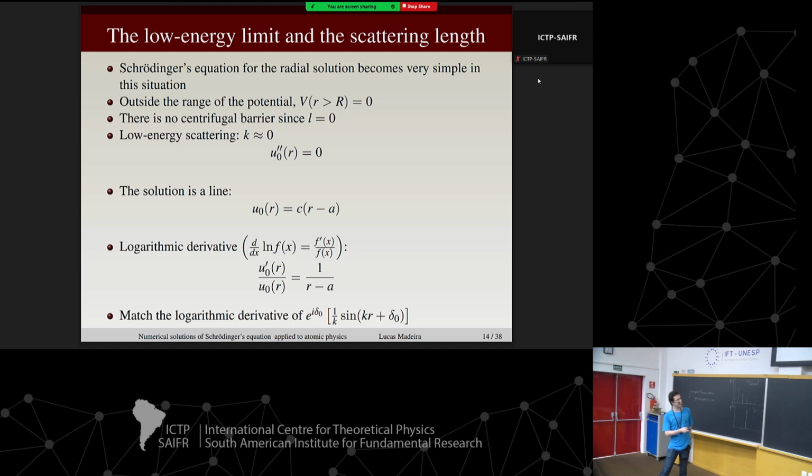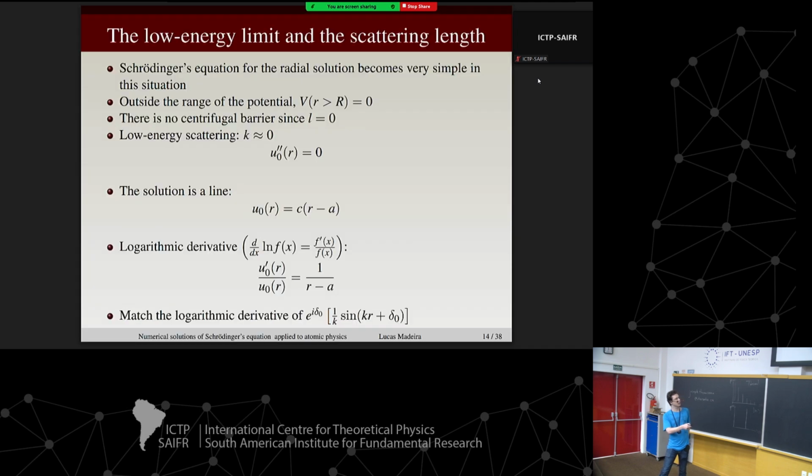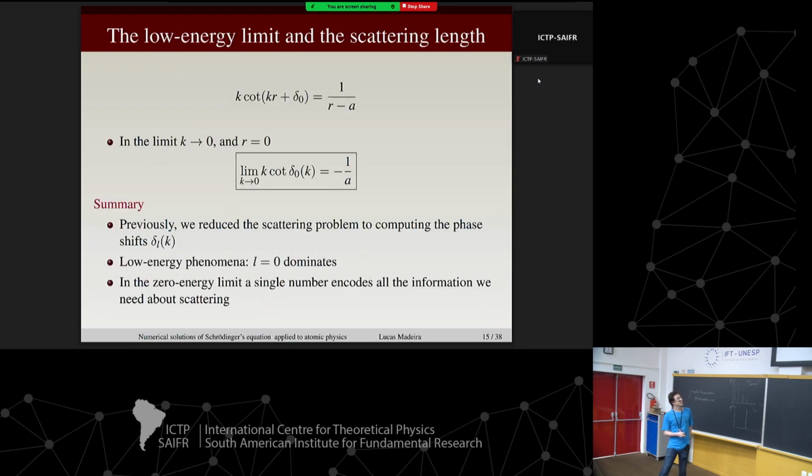But in the previous slide, I wrote the reduced radial function in terms of the phase shifts. So I can also take the logarithmic derivative of this and match it to what I just saw. If I do this, I get this equality here, and then I'm ready to take the low energy limit.